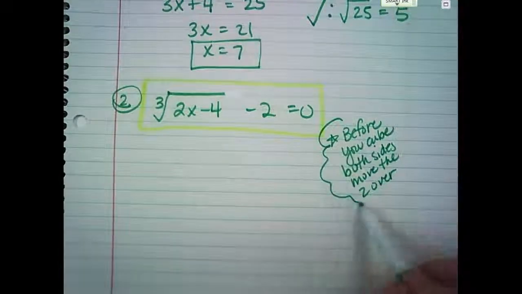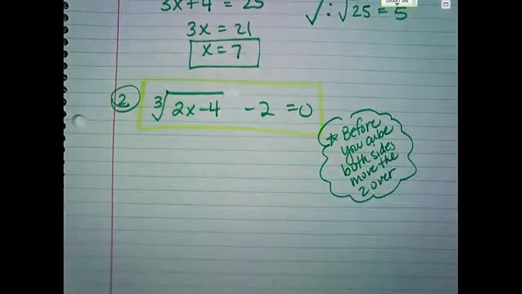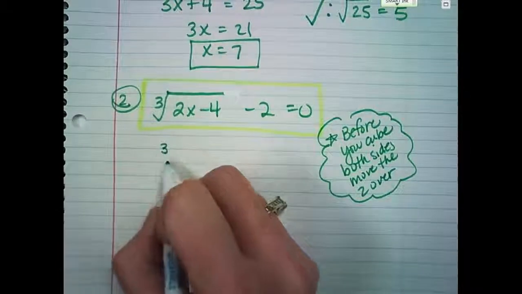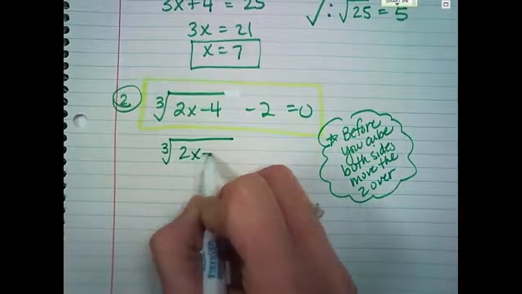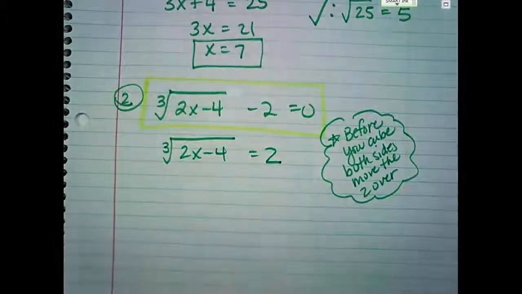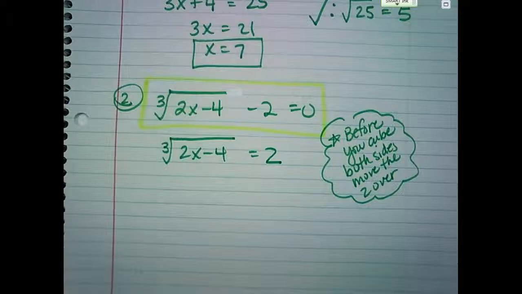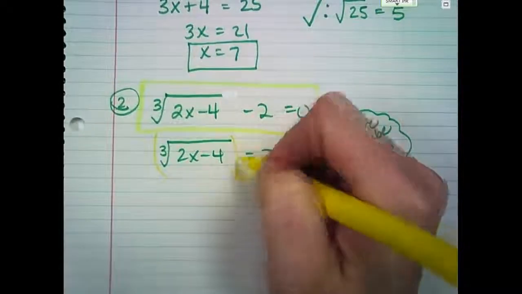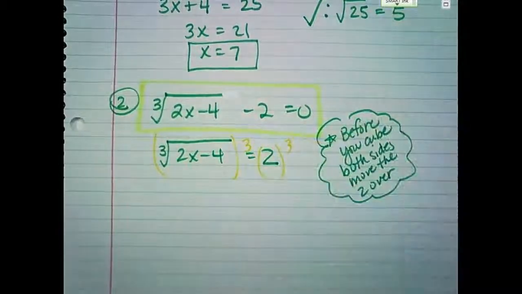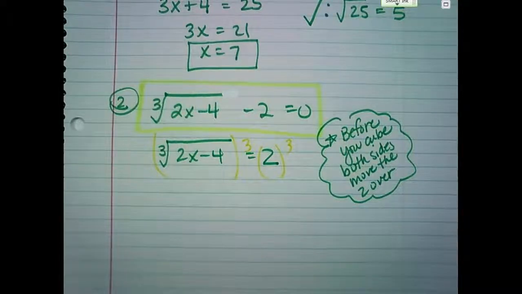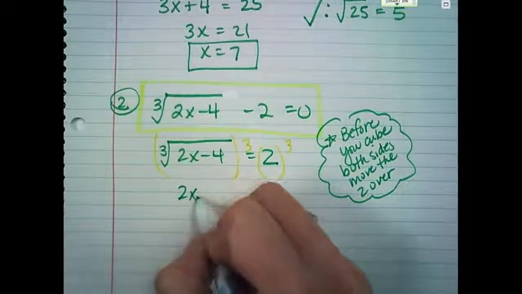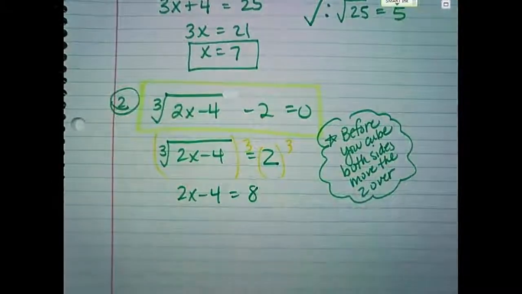You want the radical by itself and the number on the right. So you're going to move the 2 over first, giving you the cube root of 2x minus 4 equals 2. Now cube both sides, guys. There you go. The cube drops the radical, leaving 2x minus 4, and on the other side you get 8. Solve.